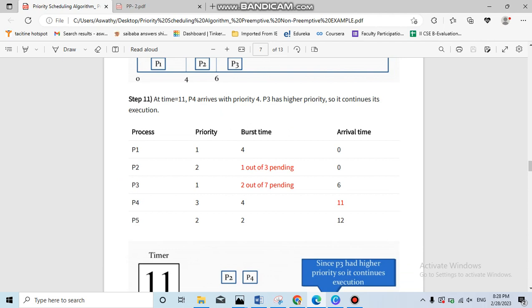Comparing the currently running process P3 with the arrived process P4, P3 holds the higher priority, and P4's priority is very low compared to P3. So P3 continues its execution.